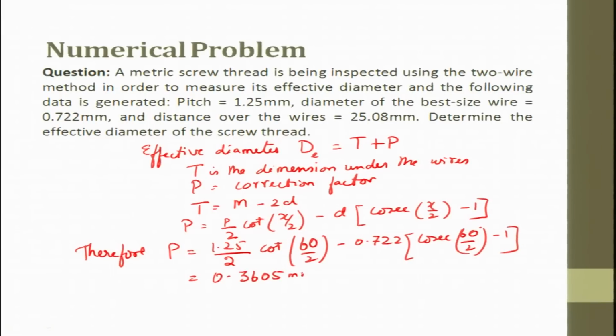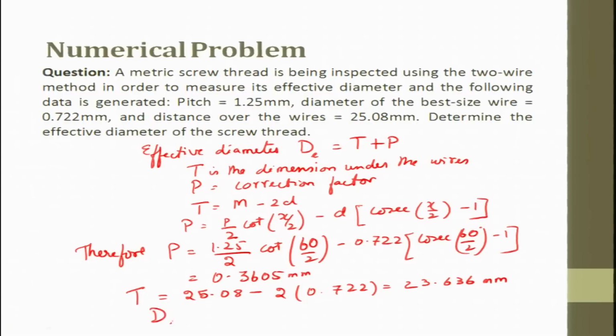This is nothing but 0.3605 millimeter. So T, the theoretical value, is 25.08, the distance over the wire, minus 2 times D, 0.722, which is equal to 23.636 millimeter.